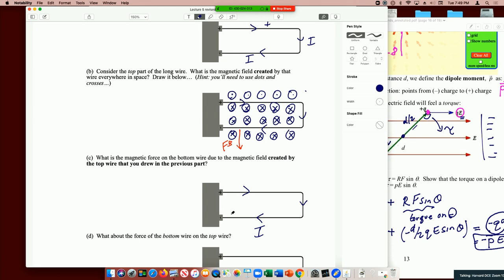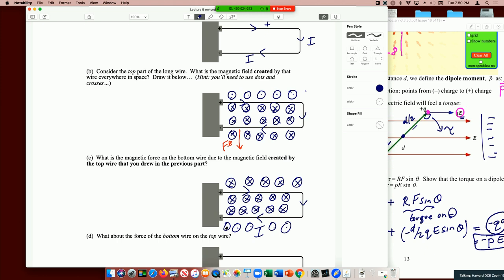So it would be like this. All the way up, like I would draw this field here. Right, and then down here it would be coming out of the page. Does that make sense, using the first right-hand rule?